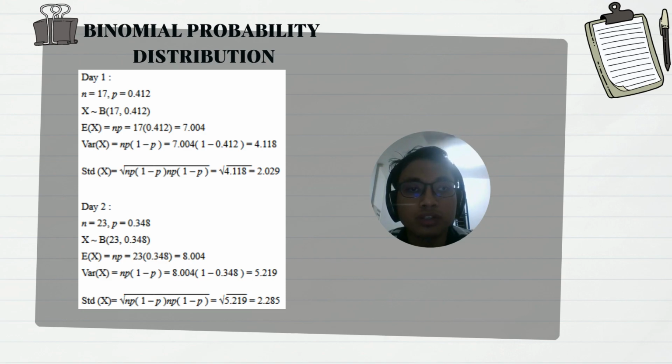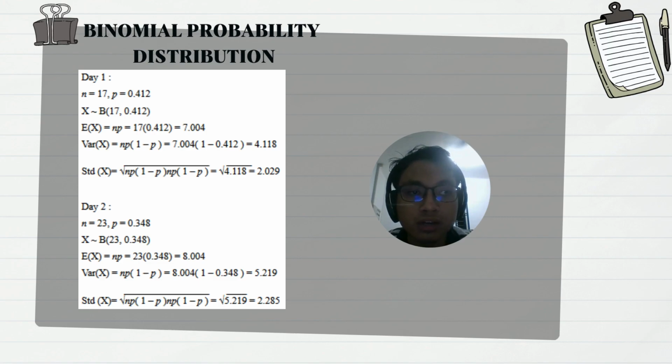For the variance, it's just the mean times 1 minus the probability. So 7.004 times 1 minus 0.412, and we got 4.118. The standard deviation for day 1 is the square root of the variance. So square root of 4.118, we got 2.029.